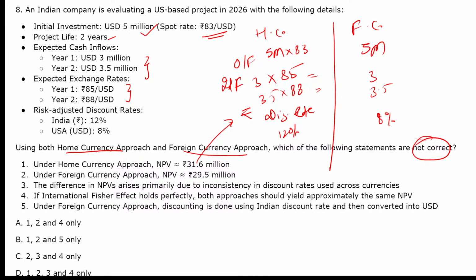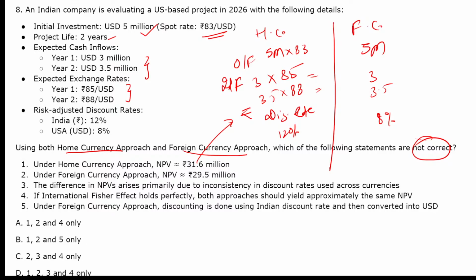Under home currency, let's calculate the NPV. Let's calculate the home currency amounts. Year 1 will be 3 into 85, which is 255. Year 2 will be 3.5 into 88, which is 308, right? So the total will be 255 divided by 1.12 and 308 divided by 1.12 power 2.